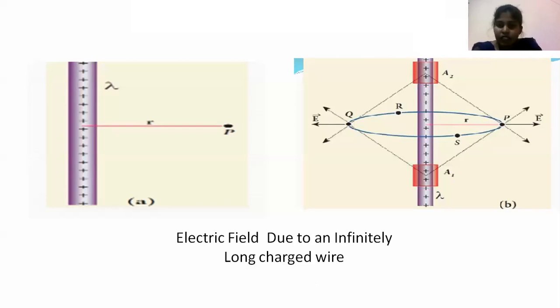There is no change within the configuration of the wire. This is one kind of symmetry, called a symmetric charge distribution. It's not asymmetric, where you would see different configurations on either side, but here it's the same.